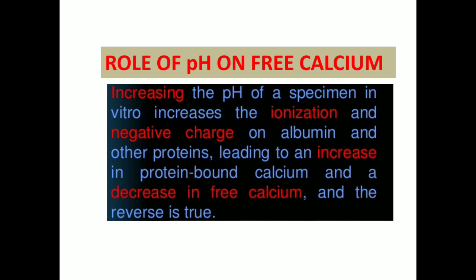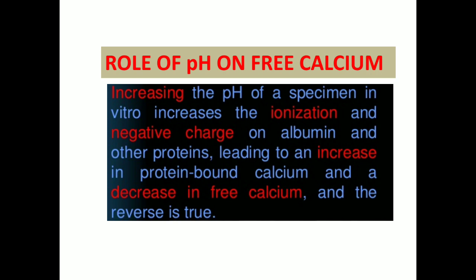So how is it so? For example, think if the pH is increased due to some reason. If after you have collected the sample, the pH has increased, so it has become alkaline, what will happen? Then from the protein sites where calcium can bind, more and more H plus will be released.